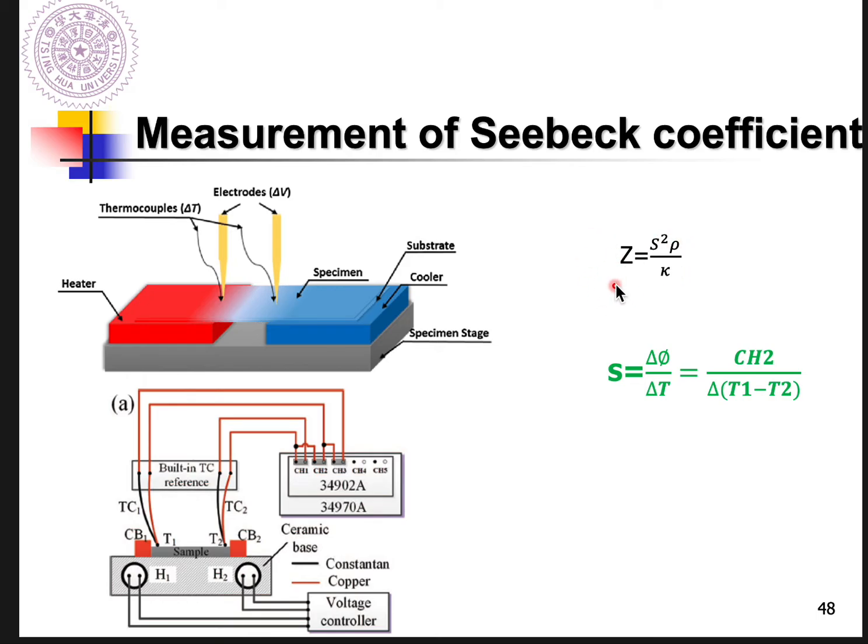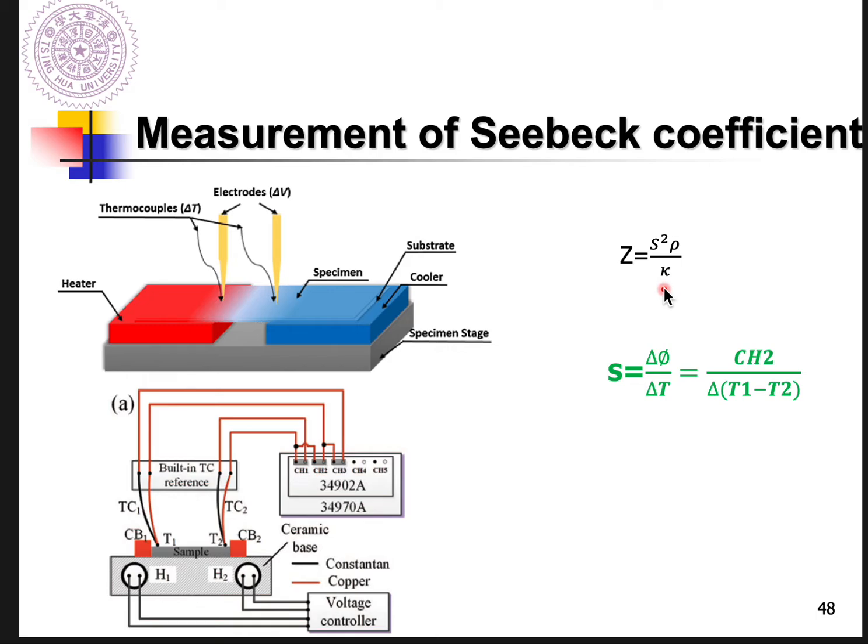So this kind of material must have what? If you want Z to get larger and larger, then you need a large Seebeck coefficient, large electrical conductivity, but small thermal conductivity. There are some conflicts, right? Higher electrical conductivity, but smaller thermal conductivity.